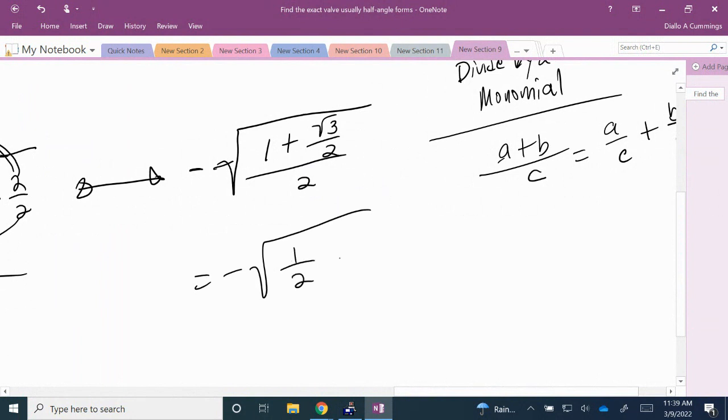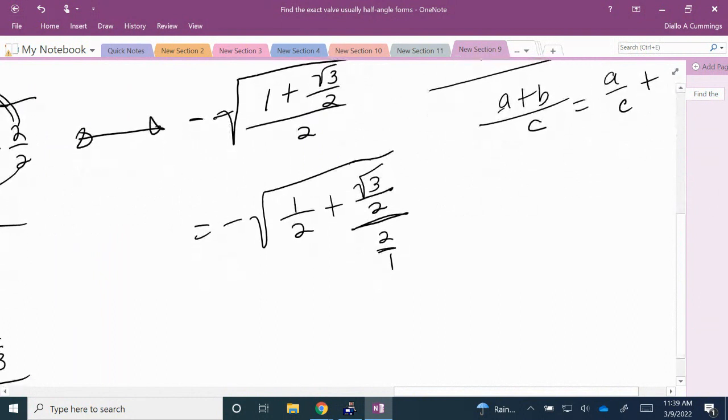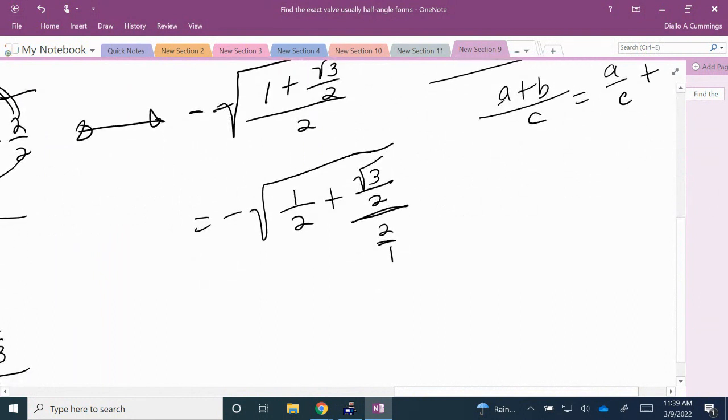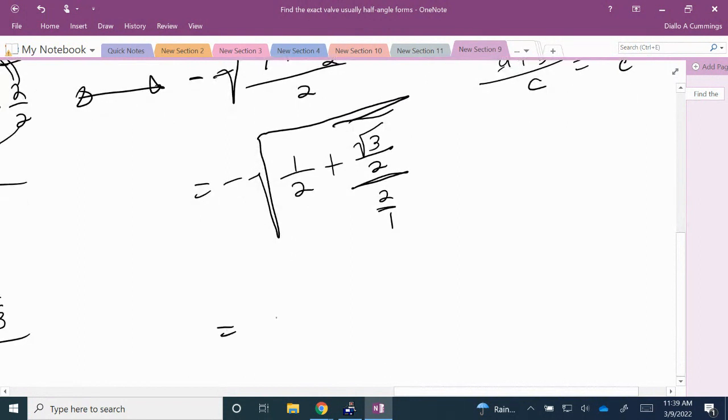So I have 1/2 plus the square root of 3 divided by 2, all over, and I'm going to write this as 2 over 1. So this is all within the square root. Just to make this look a little bit better. So this is a negative times the square root of 1/2.